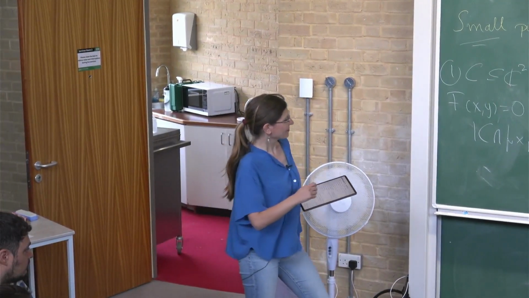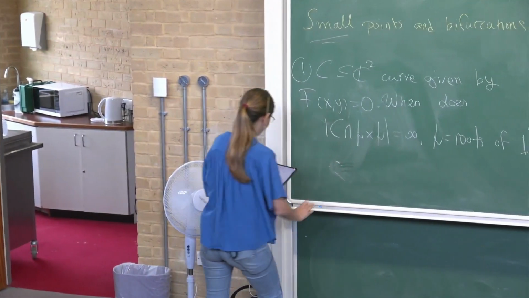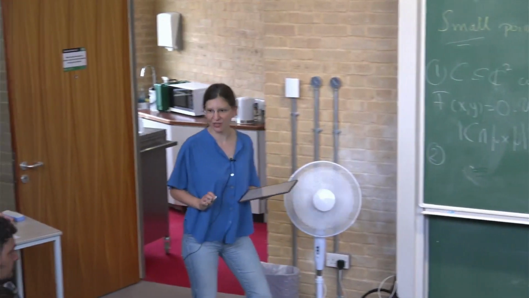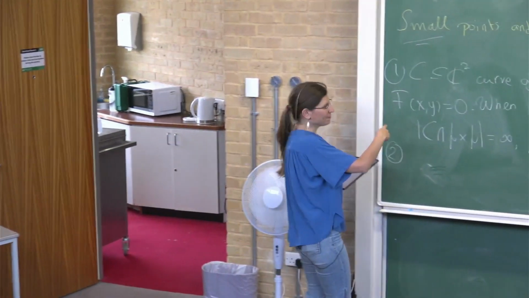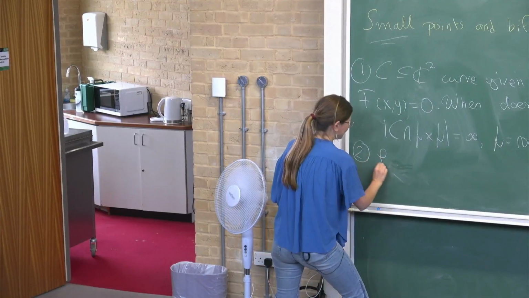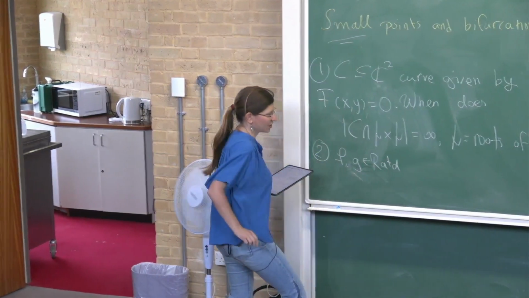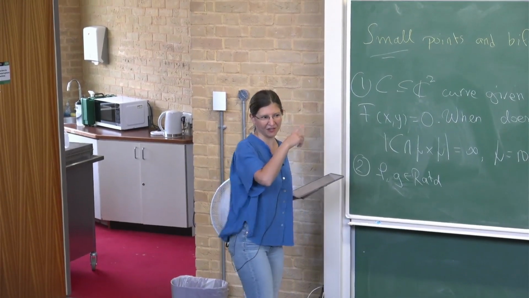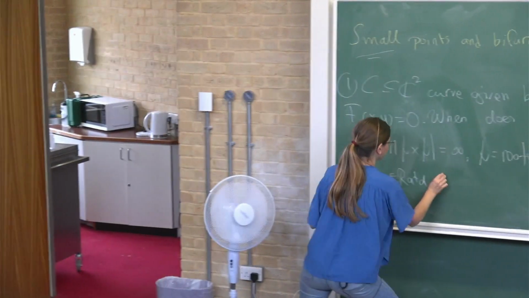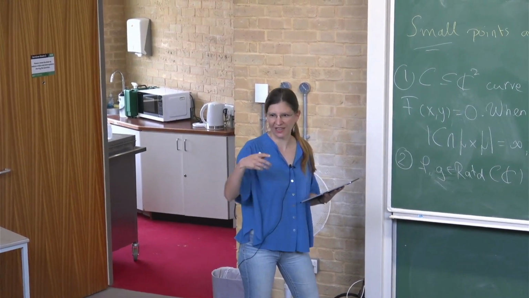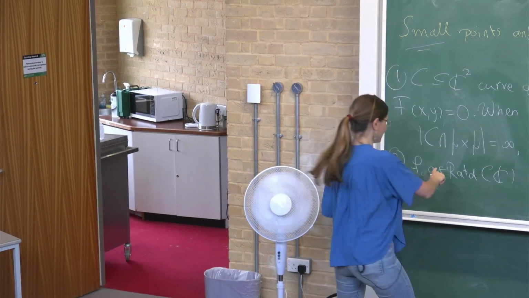Okay. The second question is about common pre-periodic points, and it's more dynamical. So now I'm gonna fix 2 degree D maps, okay, in Rat_D. So they're rational functions over C, so polynomial over polynomial with maximum degree D of numerator and denominator.